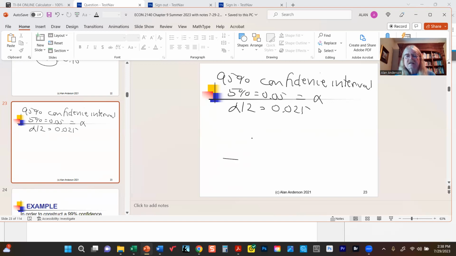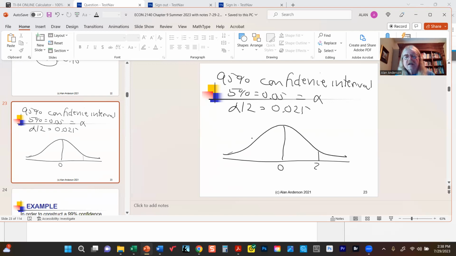So when we draw this, the two z-scores will be here and here. This one contains 0.025 of the total area under this curve, and this one also does. Now, here's the big question. And by the way, we can now rewrite this as z 0.025 and minus z 0.025, since we know what alpha is now.